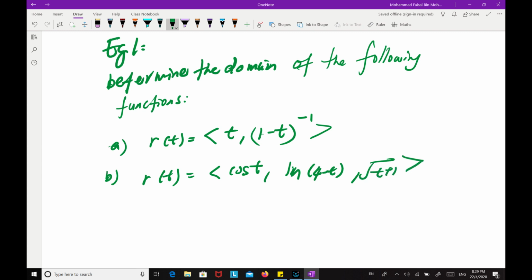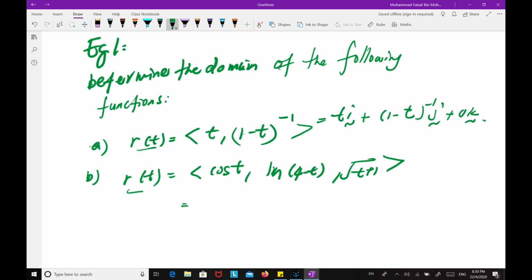So now let's say r is the position vector, and then the function of r(t) is t, 1 minus t to inverse 1, so this means same as t i plus 1 minus t inverse j plus 0k.